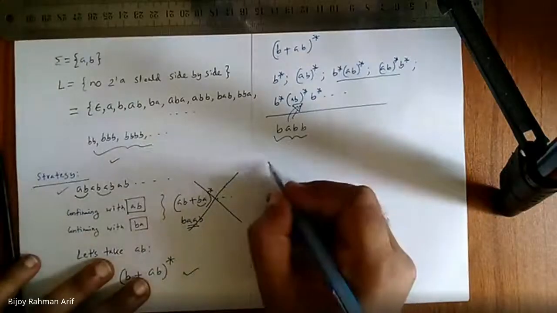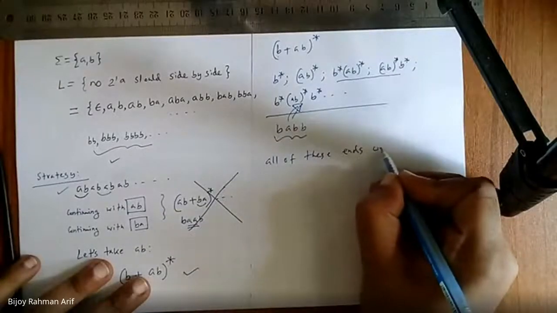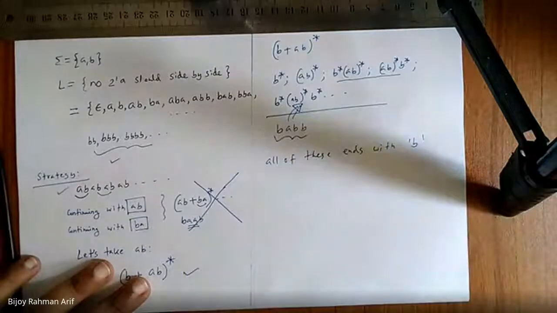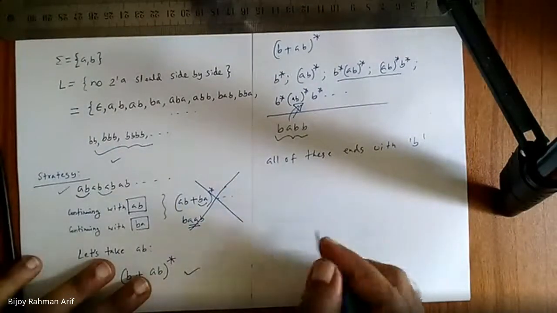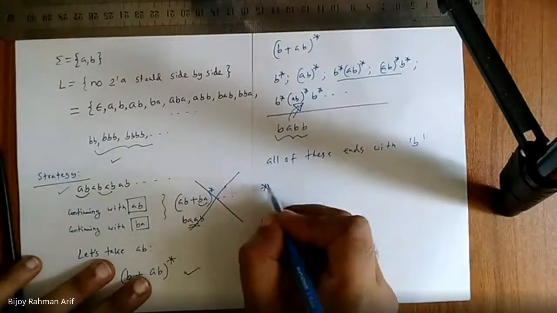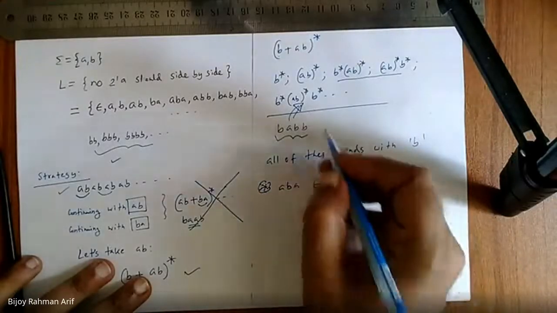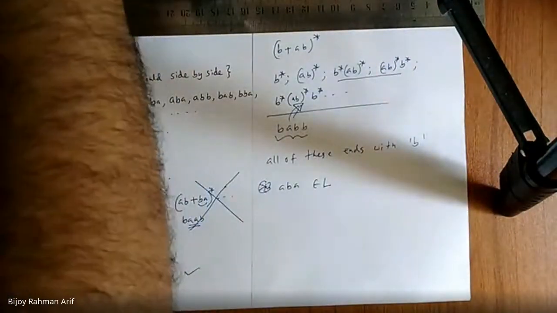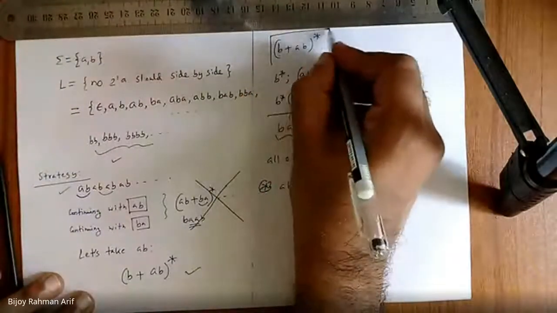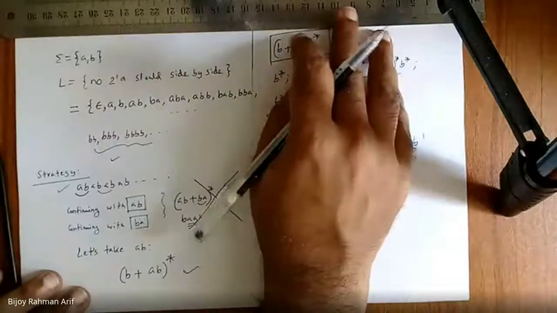B. The problem is that some strings might end with A, and still they can be inside the language. Can you give me an example which ends with A? ABA. ABA belongs to the language and this cannot be generated by this building block. So how can I modify this building block so that it can end with A? How can I do that?